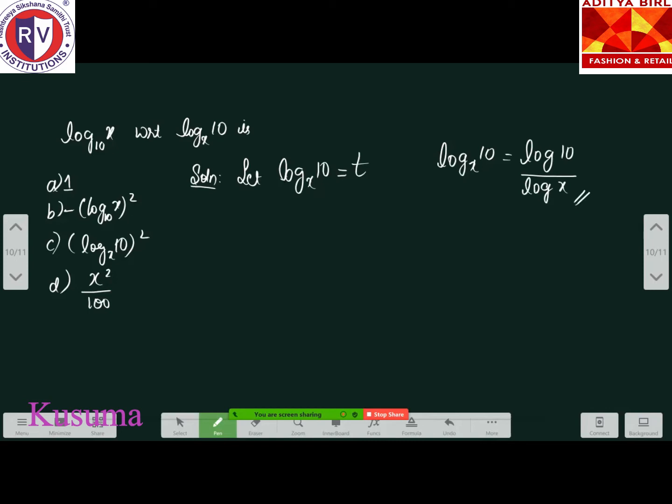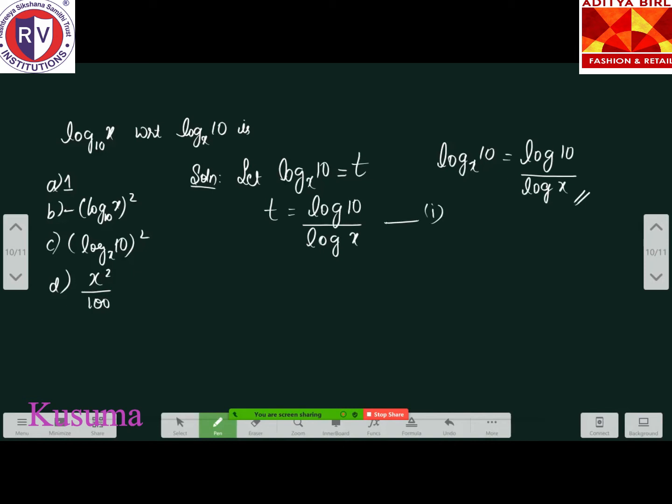Therefore, t here will be log 10 by log x. Let this be equation 1.